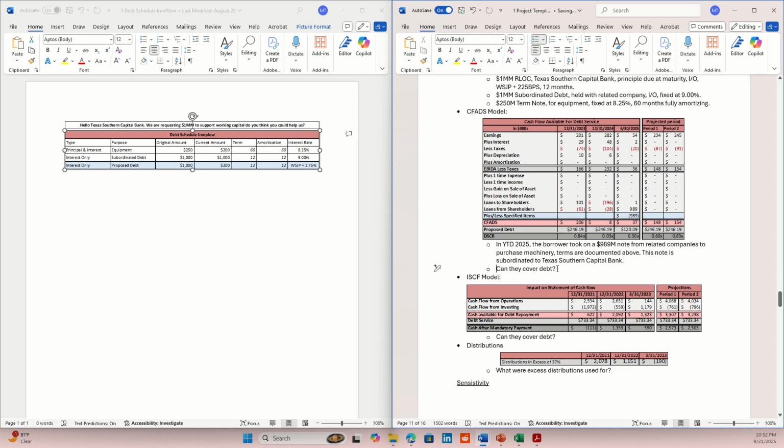Can they cover the debt? Right. So you're not going to write down, yes, they can cover the debt.